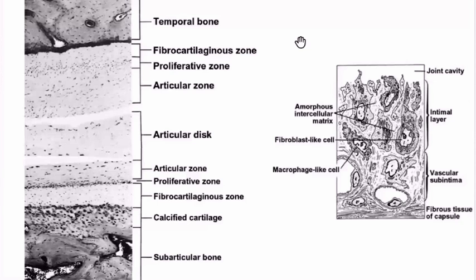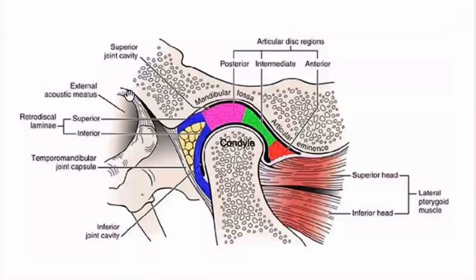About the disc, it is almost in between the two bones, in between the two articular surfaces. The location of the intra-articular disc is fixed by the ligaments: the sphenomandibular, the stylomandibular, and the TML ligament.